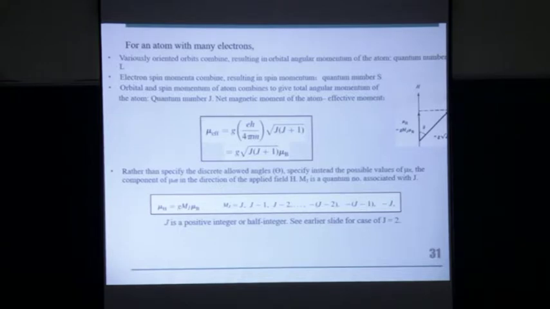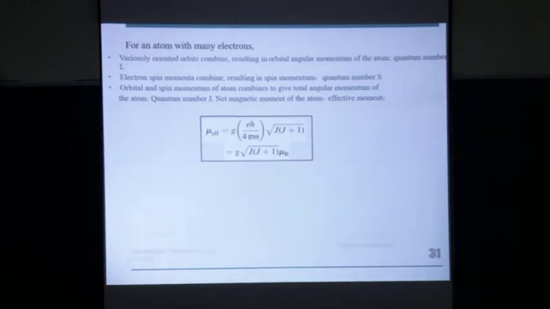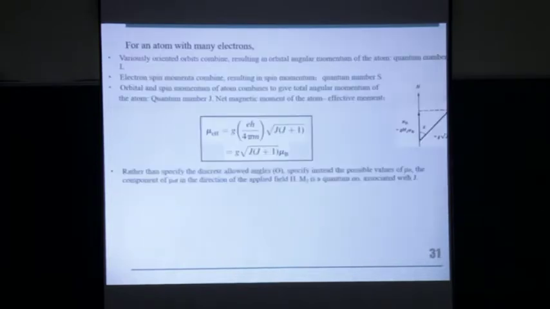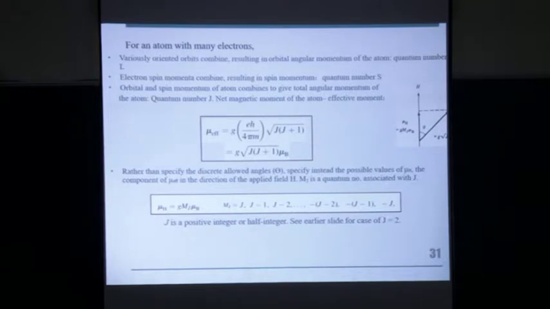So if you have J equal to 2, then you can have 2, 1, 0, minus 1, minus 2. So if you look, you can have 5 possibilities. So J equal to 2, there are 5 possibilities: 1, 2, 3, 4, 5. So that is the case for J equal to 2.